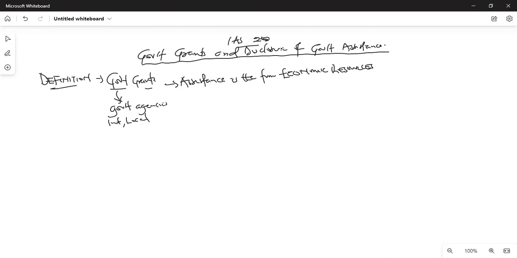And that is given to an entity, not for free, but in return of past or future compliance of some operating condition.